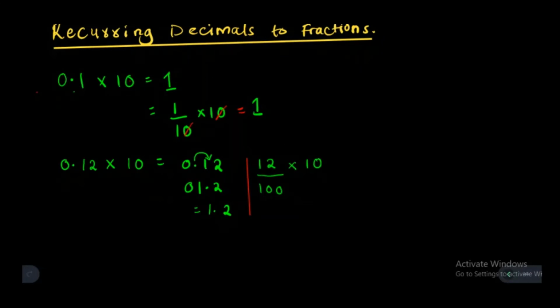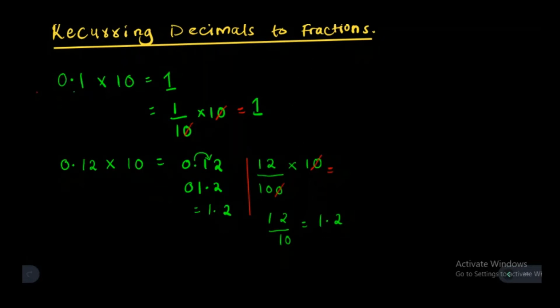If you see the zeros up and below, you can cancel out one at a time. So this 0 will cancel this, and we will remain with 12 divided by 10, and this is 1.2. The 10 introduces 1 decimal place in our value, that is in the numerator.